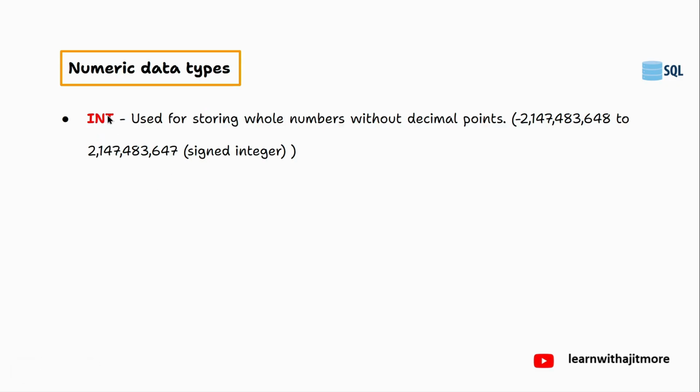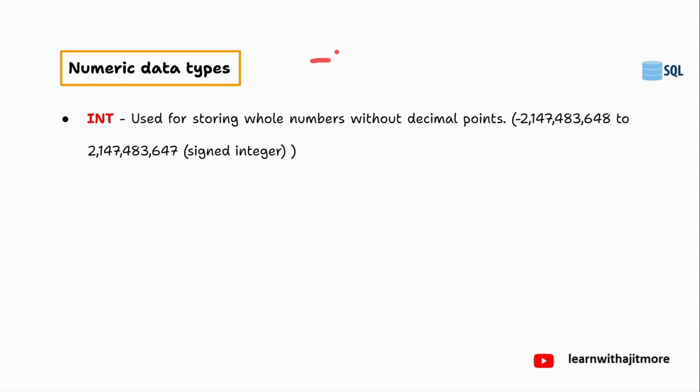Now, which all come in that category? First is int. Int takes 4 bytes. Int size is 4 bytes. And as its size is 4 bytes, the range comes out to be approximately plus or minus 2 billion. As it is 4 bytes, that means 8 bits into 4, 32 bits.